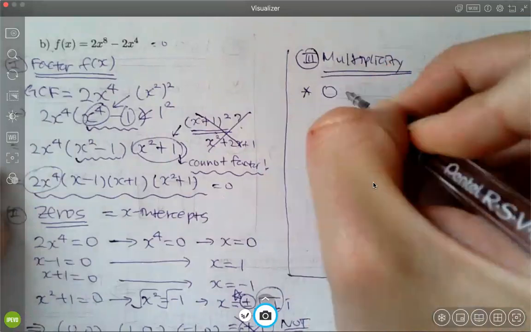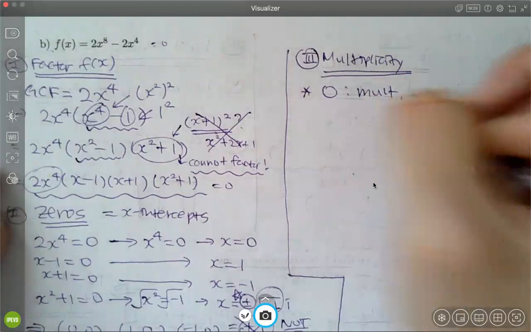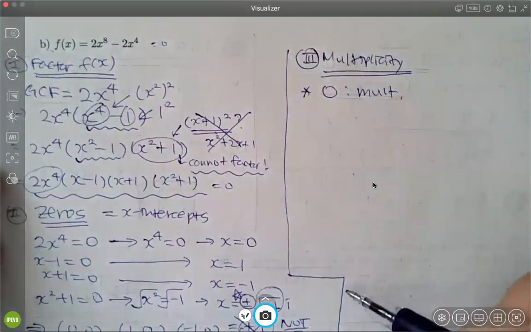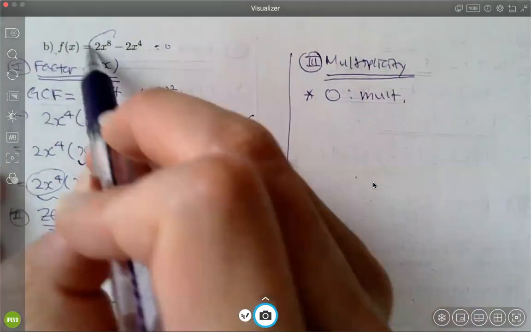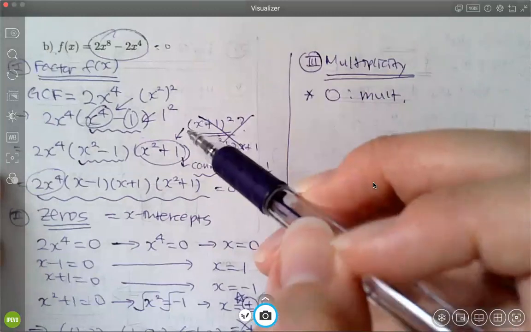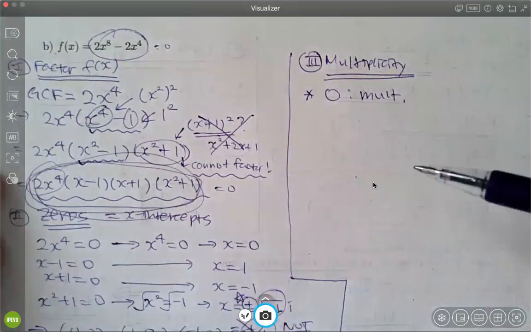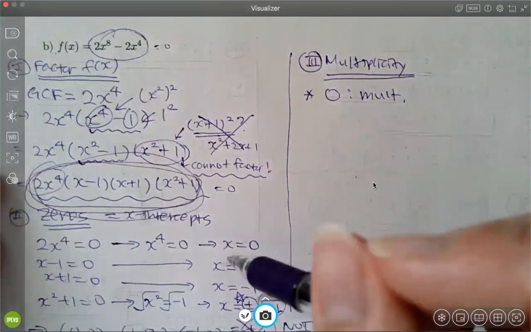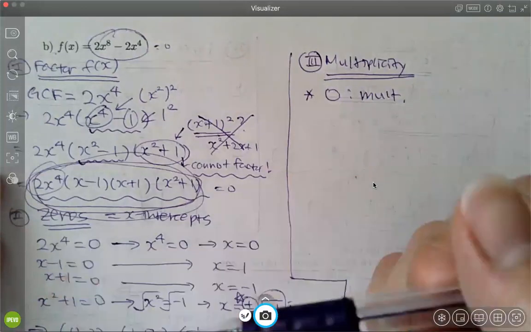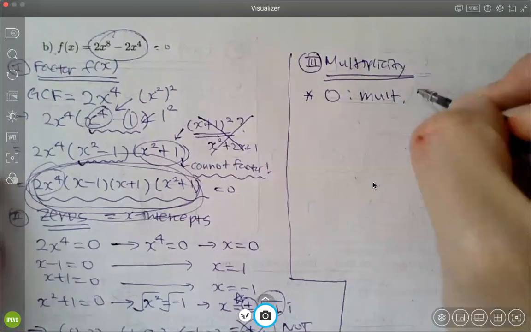What is the multiplicity? To find its multiplicity, we are looking at what? The original f of x? This one? No. We are looking at the factored form, right? This one. And 0 came from where? 2x to the fourth, whose exponent is 4, right? So its multiplicity is 4.